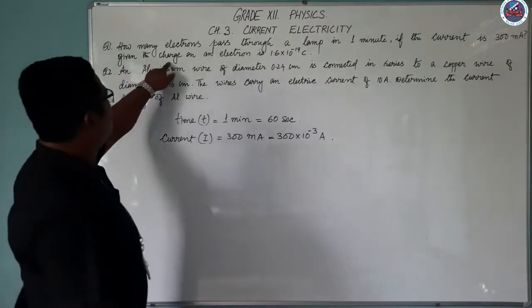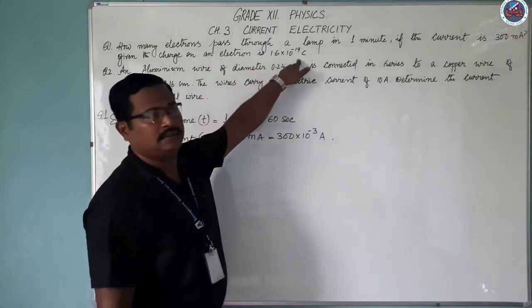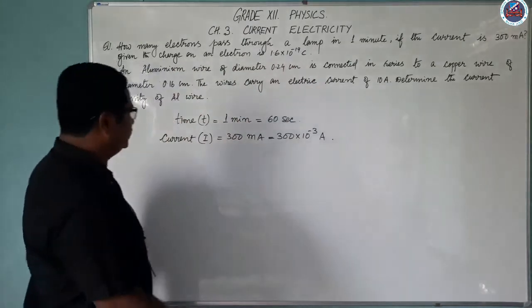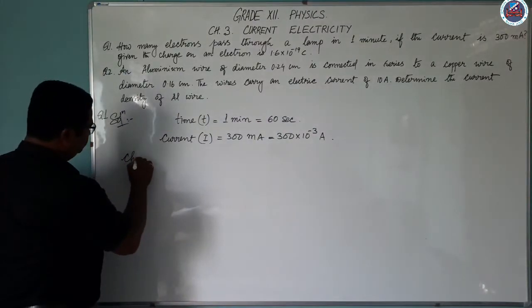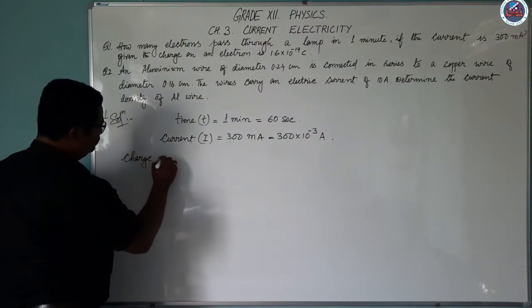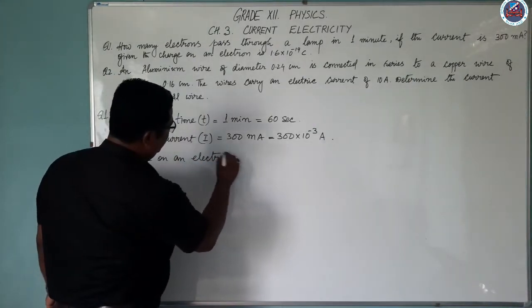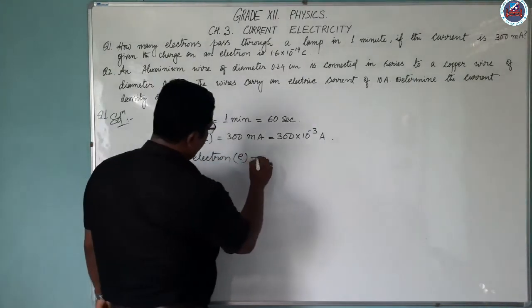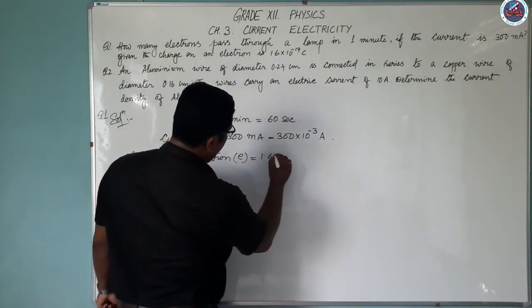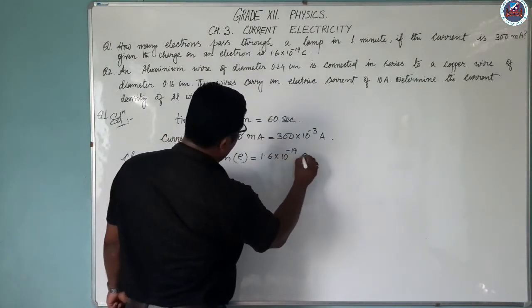Given the charge on an electron, the basic unit of charge, e is 1.6 into 10 to the power minus 19 coulomb.